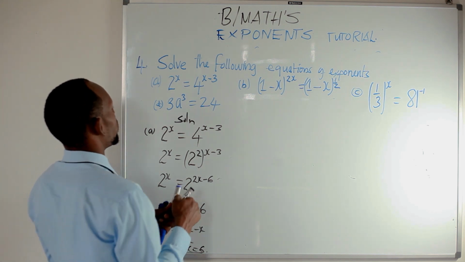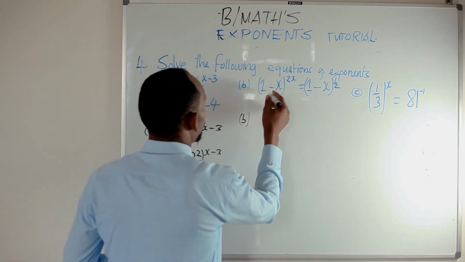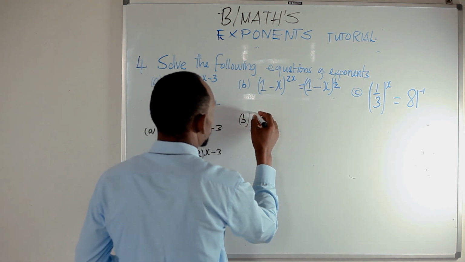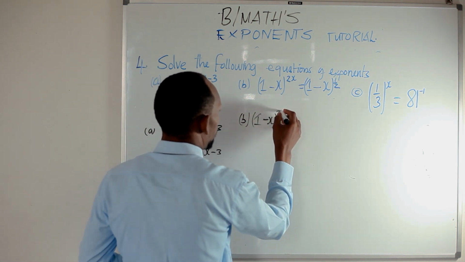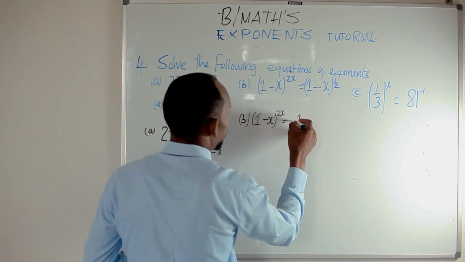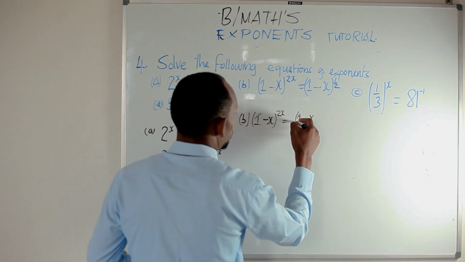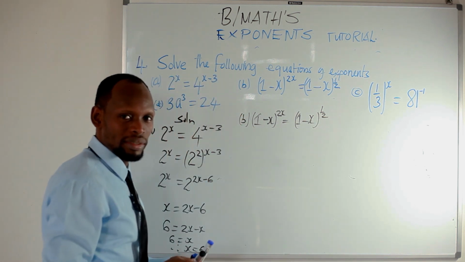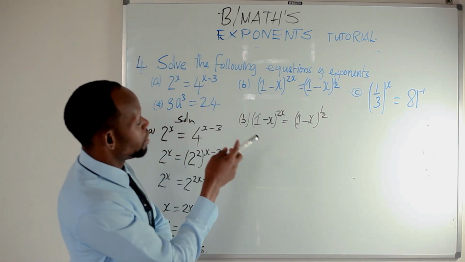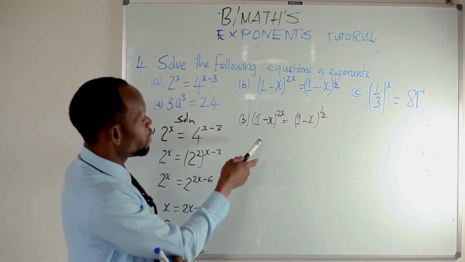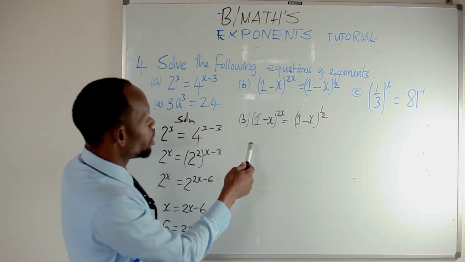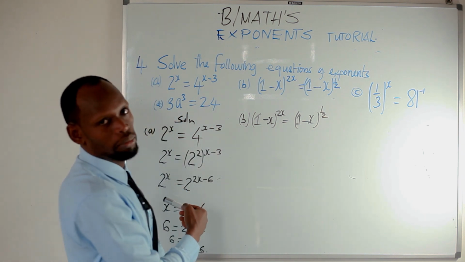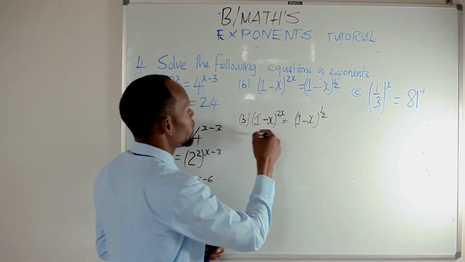And let's go for B. That is (1 - x) power 2x equals (1 - x) power a half. When you look carefully at this equation, you find that this base and this base are the same, so you can cancel them out.